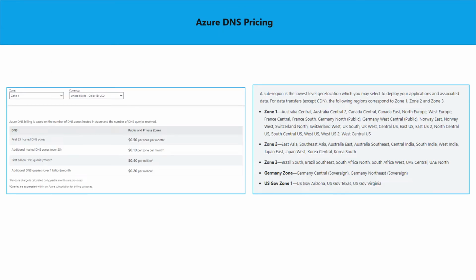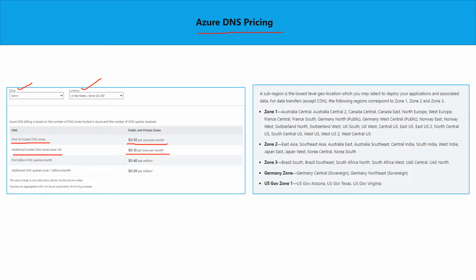There are going to be costs involved when you go for Azure-based DNS services. From the Azure website, you can choose a zone, and you can also choose a currency, and it will tell you what it is going to charge you for these services. For DNS, the first 25 hosted DNS zones are going to be charged $0.50 per zone per month. Additionally, for zones over 25, it is going to charge $0.10 per zone per month.